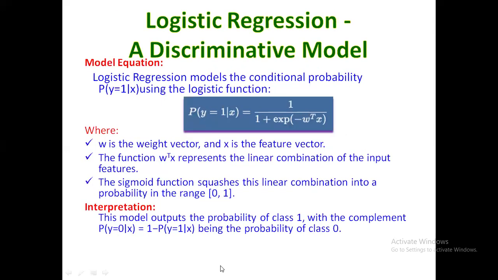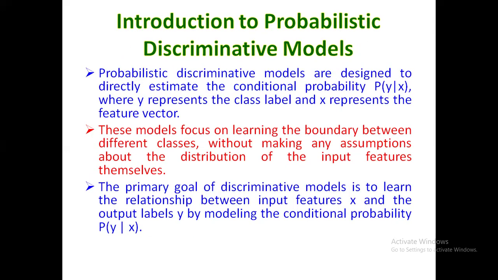The main objective, the primary goal of the discriminative model, is to learn the relationship between input feature x and the output y by modeling the conditional probability P of y given x. By focusing on the decision boundary between classes, these models seek to directly map features to class labels.